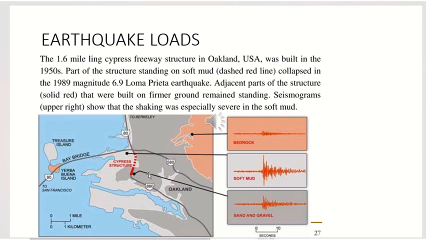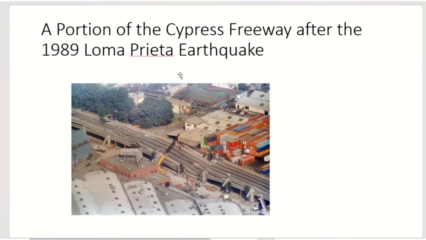When you see this Cypress structure, it's a flyover structure, and some part of it is standing on soft mud, and some part is standing on sand and gravel. After the earthquake, we can see that some part of the flyover is still standing without any damage, and another part has been damaged completely.